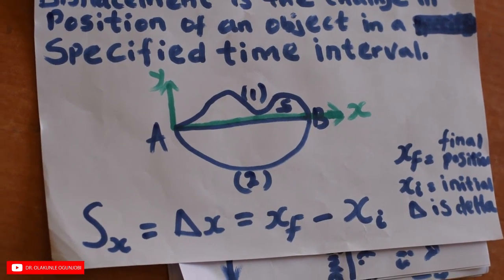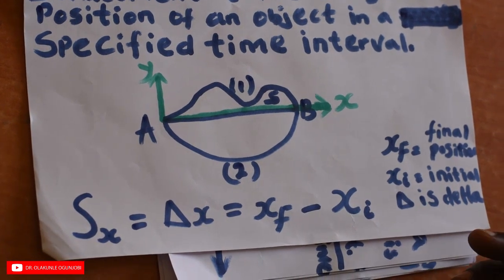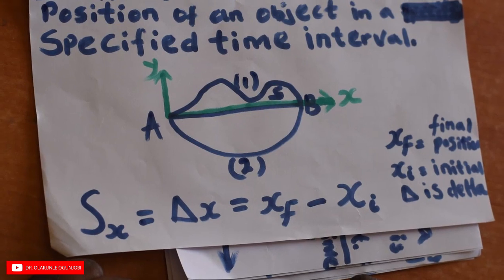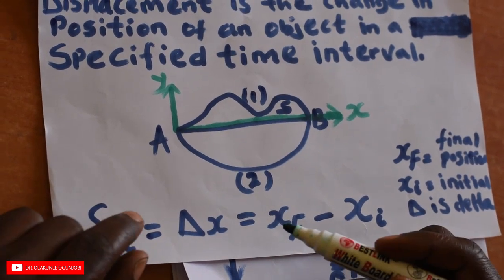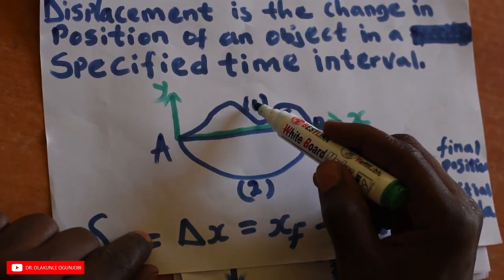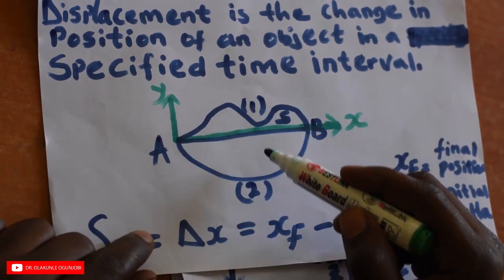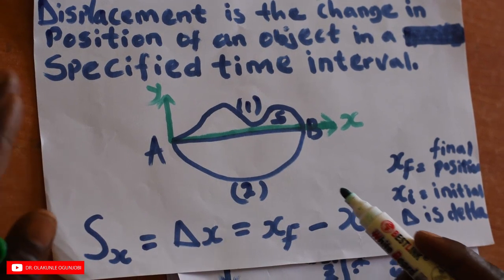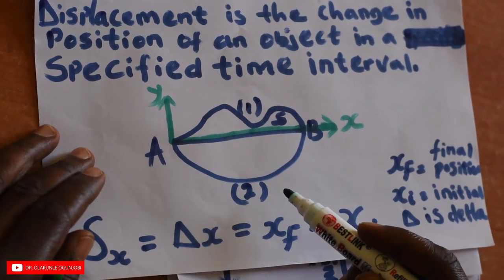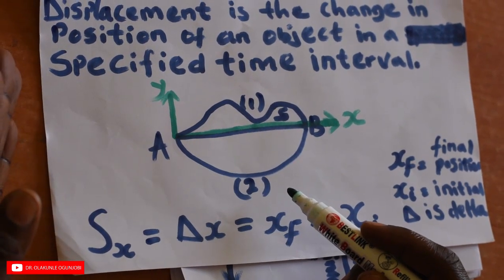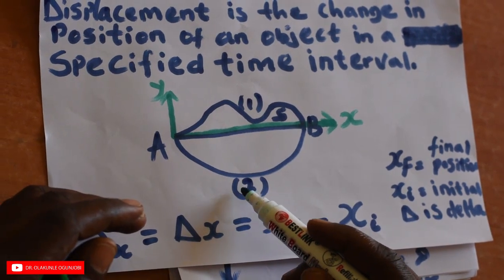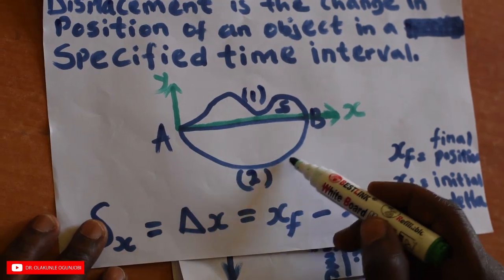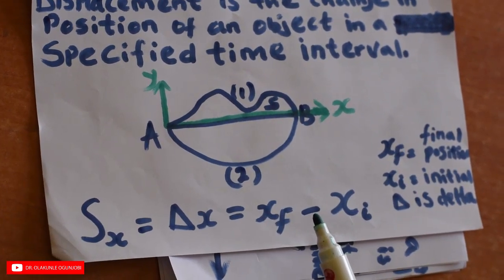All right, so consider two people traveling from point A to point B. Through path one, you can see this is the first path, 1 and 2. The person traveling through path 1 will travel a longer distance than the person traveling through path 2. You can see this path 2 seems to be a shortcut, of course.